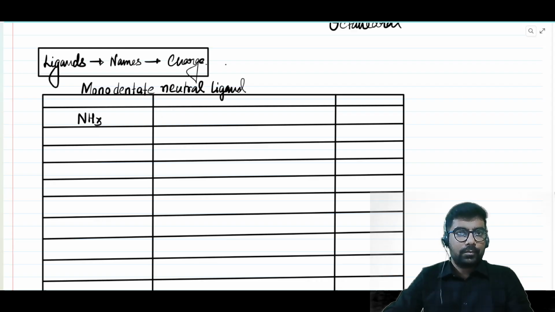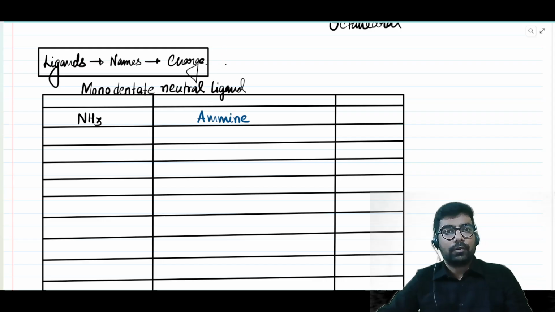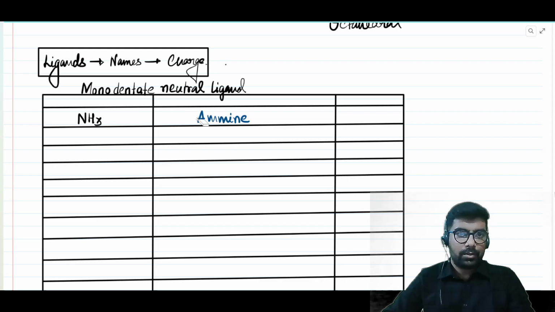The name of the ligand will be ammine, AMMINE. The first thing, everything will be in small letters. So start writing it in the format ammine. Again, the charge will be zero.